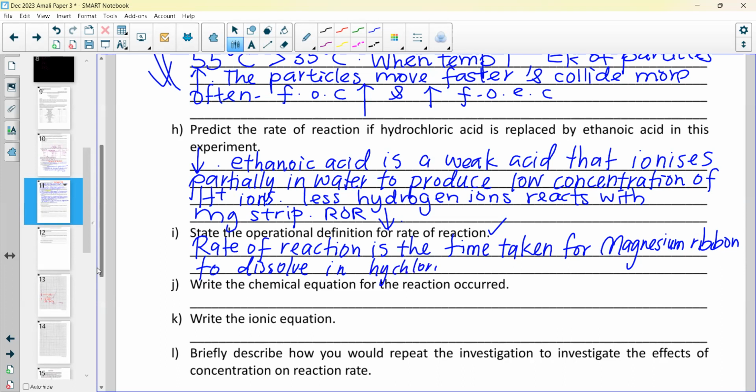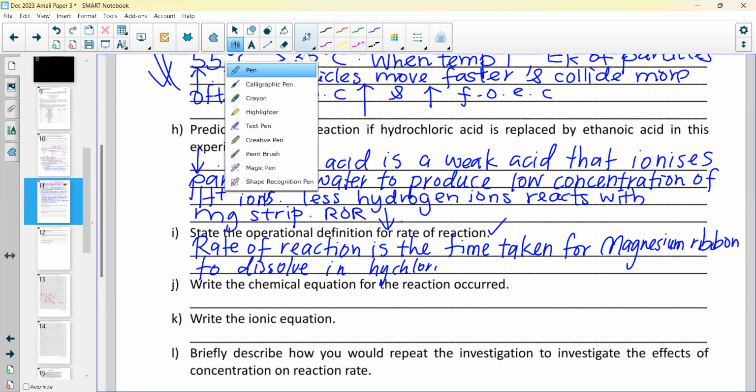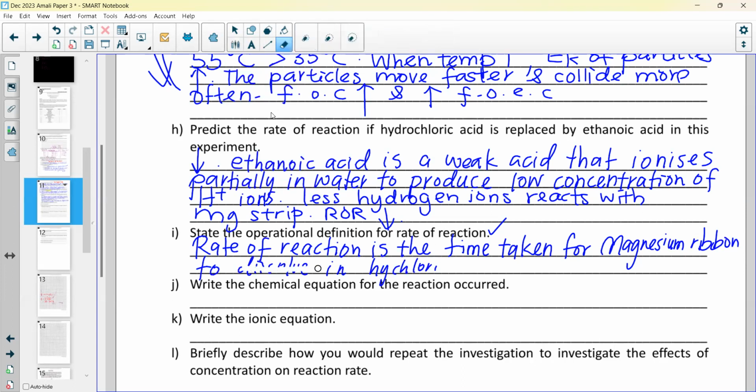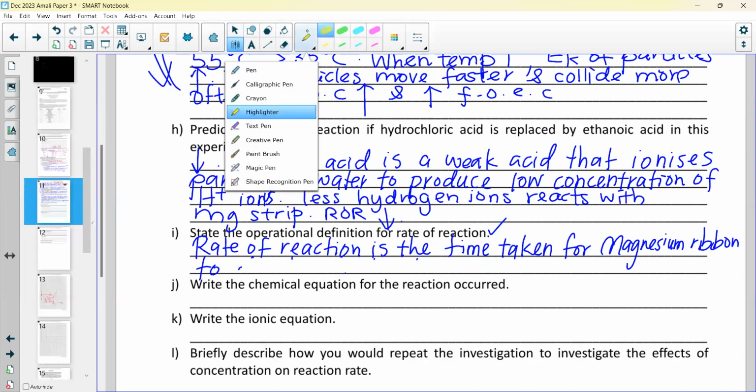Okay, wait, I don't like it. I want to change it a little bit. I write: rate of reaction is the time taken for effervescence to stop when magnesium ribbon is dissolved fully in hydrochloric acid. Yeah, I love this. Hang on, repeat one more time. My dearest Jackson.